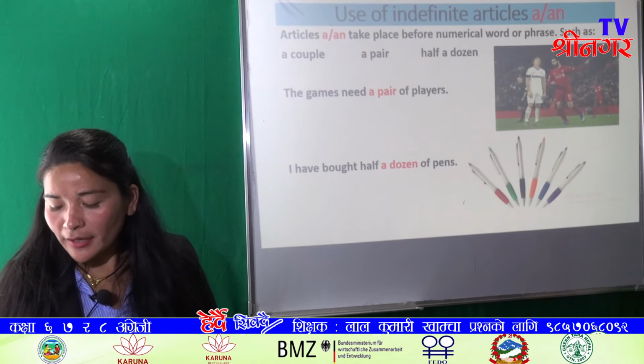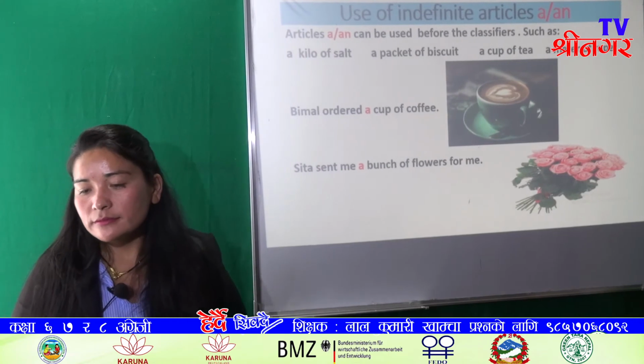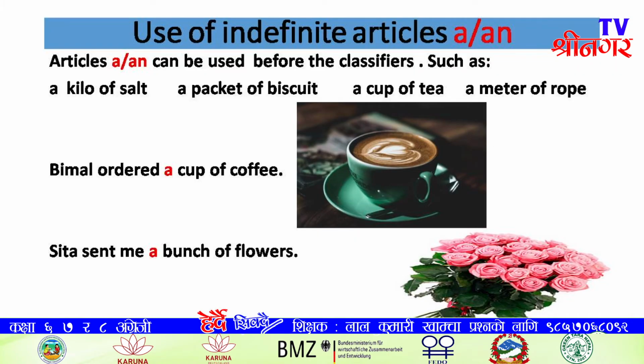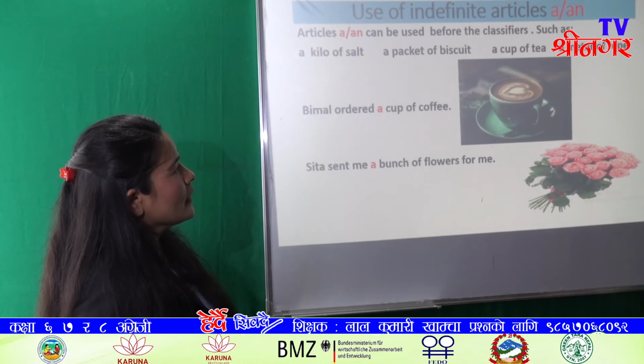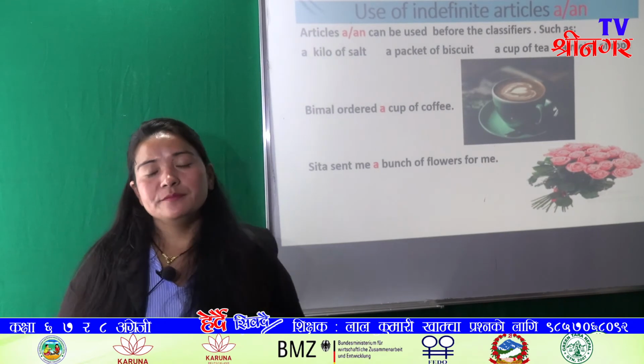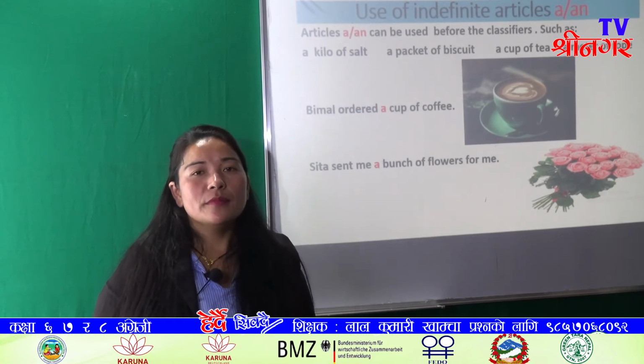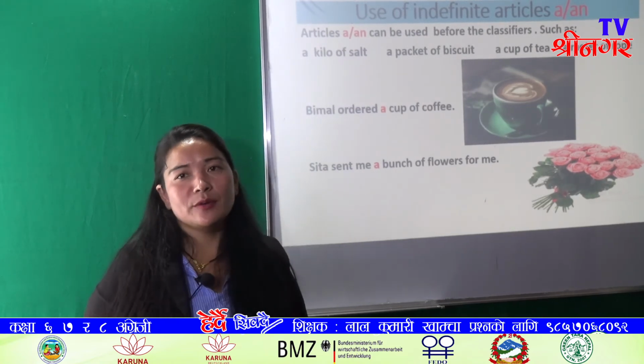Okay, and the next use of indefinite articles a, an. Look at the example. A packet of biscuit, a cup of tea, a meter of rope. And here, you know, we cannot count salt, biscuit and tea. Okay, and you know articles a and an we have to use only with singular countable nouns.